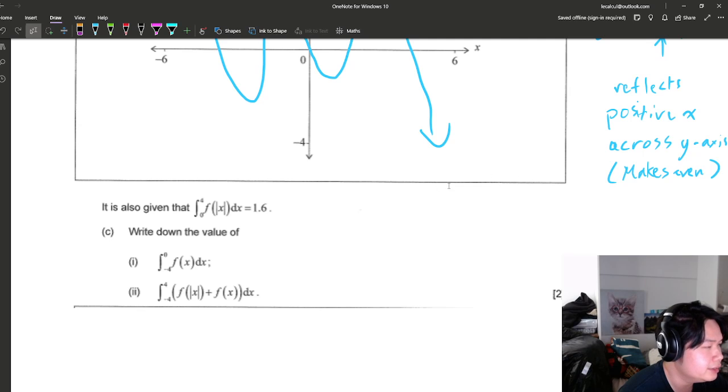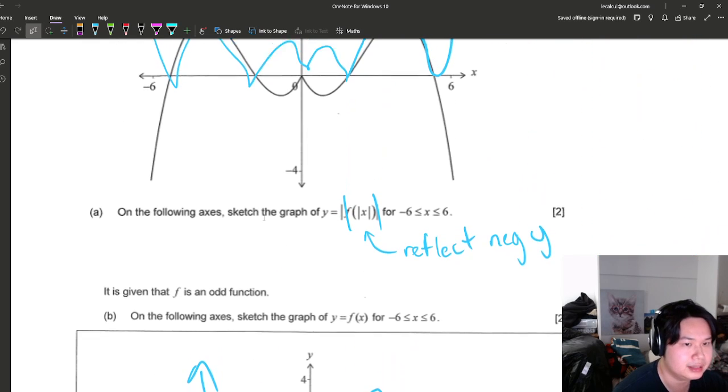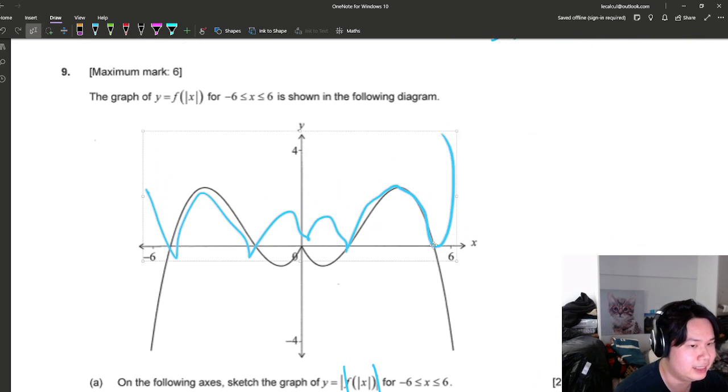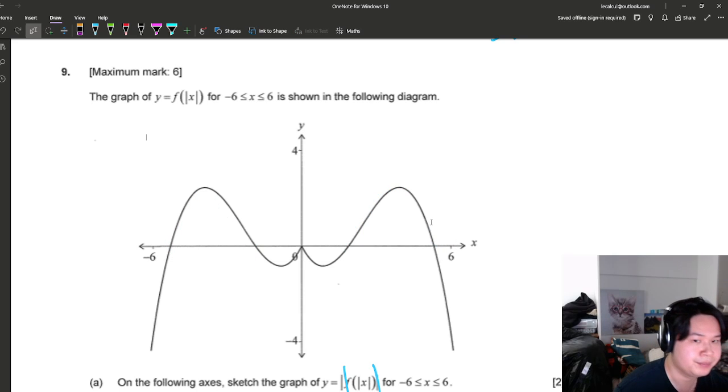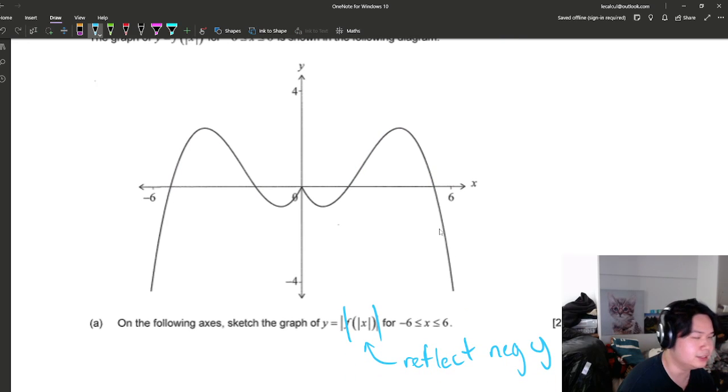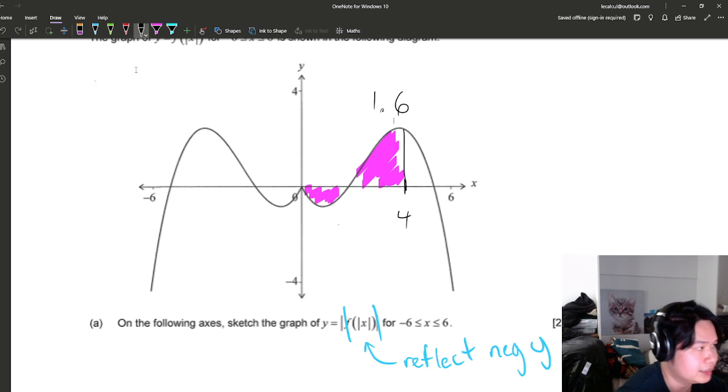And then now, let's see, we have some integrals. The integral from 0 to 4 of the original graph is 1.6. So you need to use the fact that an integral is essentially an area. So they're saying that the integral from 0 to 4, so like here's 4, is 1.6.